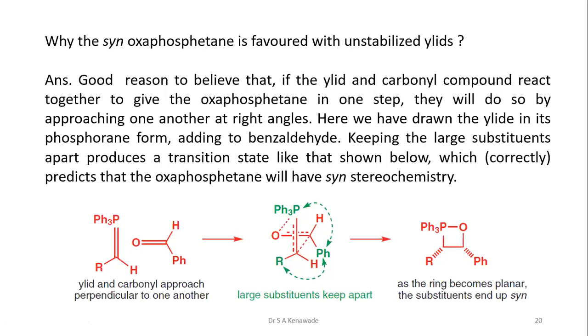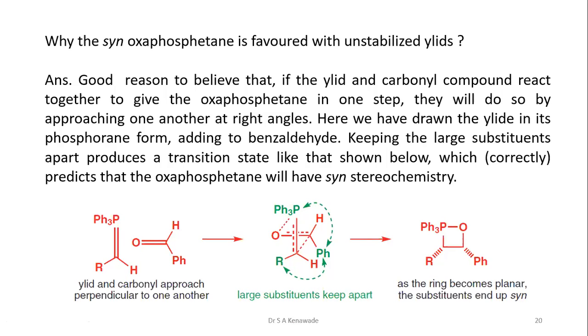Again, why is the syn oxaphosphetane favored with an unstabilized ylide? If you compare the addition of the ylide to the carbonyl using a perpendicular approach, the large substituents are kept away from each other. Large substituents, meaning the R group and phenyl group, are in opposite directions, as well as the carbonyl, phosphine and phosphorus are in opposite directions.